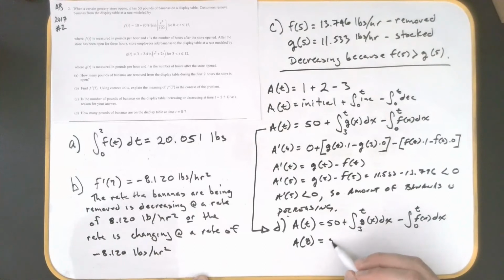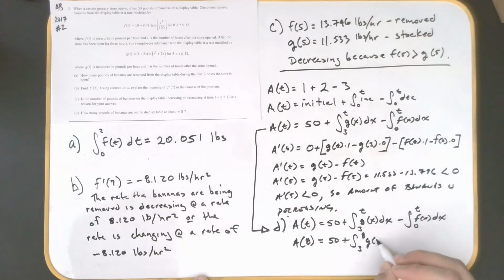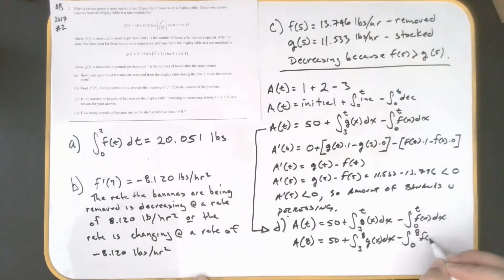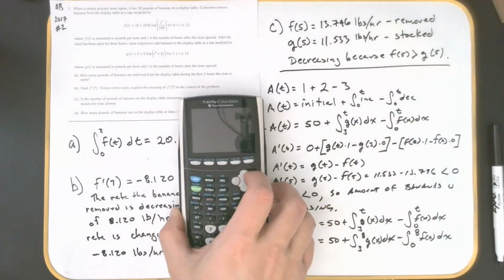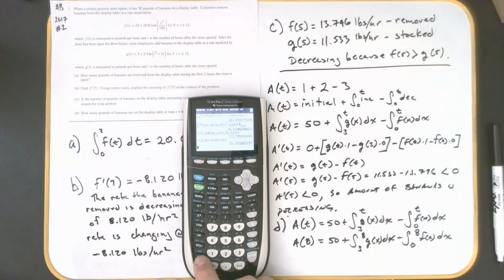So that is equal to 50 plus the integral from 3 to 8 of the g of x function minus the integral from 0 to 8 of the f of x function. And then we just go to our calculator and put that in. So our final part here, we could put this in as one big problem. So this is what we're going to do.